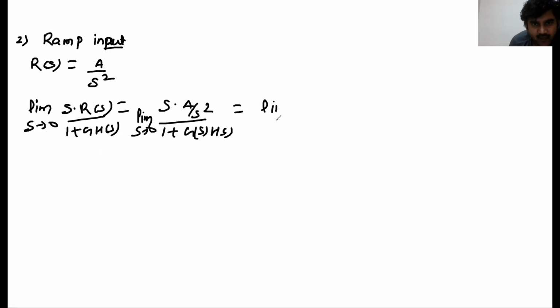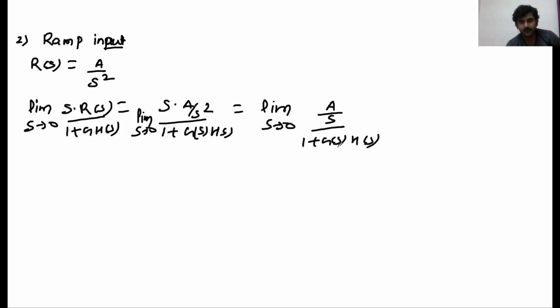This will equal limit s tends to 0, A by s divided by 1 plus G(s)H(s). Multiply both numerator and denominator by s.